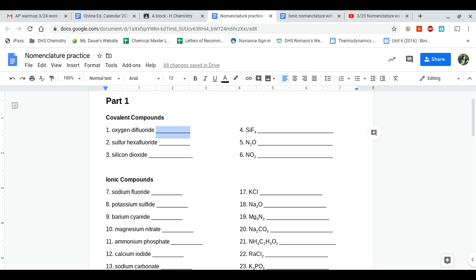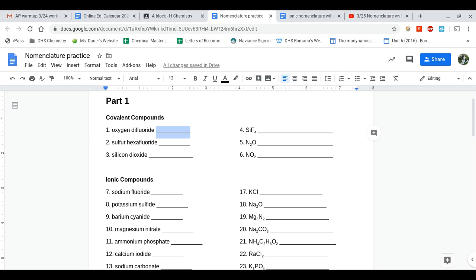We will use the prefix mono on any second element. So for example, here we have difluoride. If we only had one, we would be forced to say monofluoride. You don't have to say mono for your first element, so for oxygen in this case. The reason why is it just ends up being redundant.